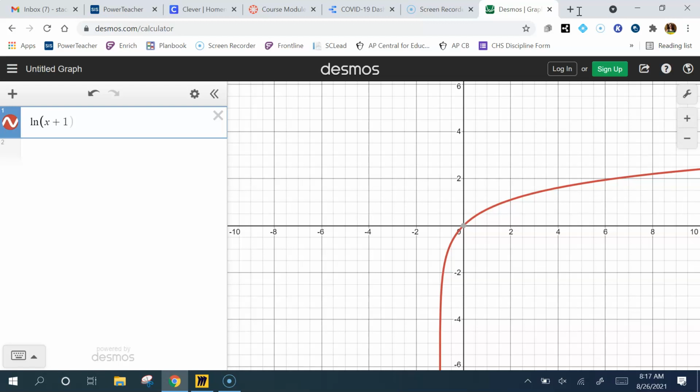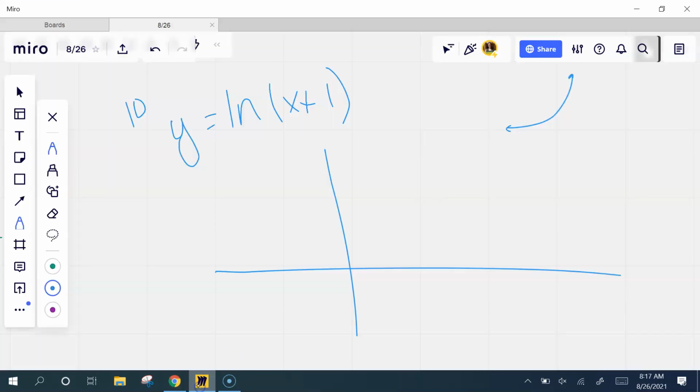So for the domain of this function, what's the domain? Tell me the domain. -1 to infinity, parenthesis or bracket? It gets a parenthesis, why? It didn't hit -1.